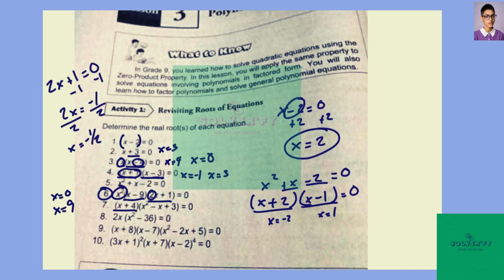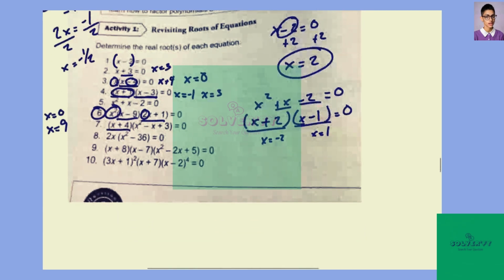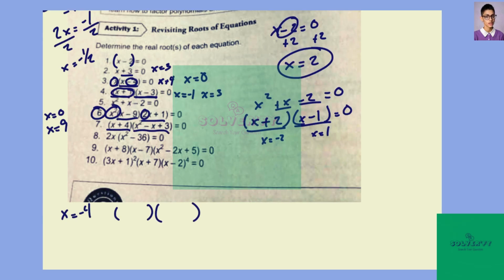Number 7, we're going to get a root of -4. Now we need to try to factor that out. Factors of 3 that would combine to give me a -1. 3 and 1 is the only thing I can think of.